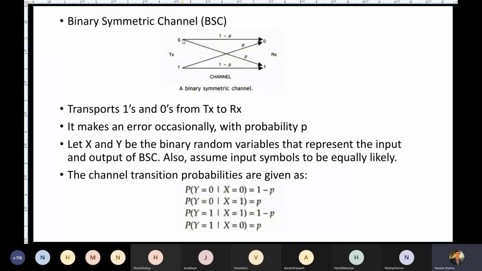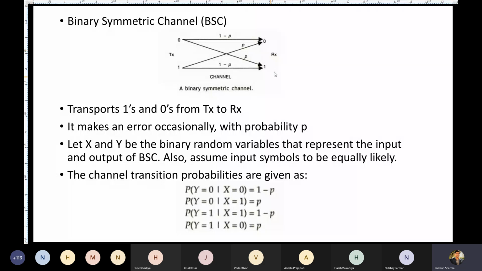The data or the information will travel over the channel. So binary symmetric channel is such a channel. Suppose you have 2 bits, the possible values which can be transmitted over the channel are 0 and 1. Transport 0 and 1 from Tx to Rx.